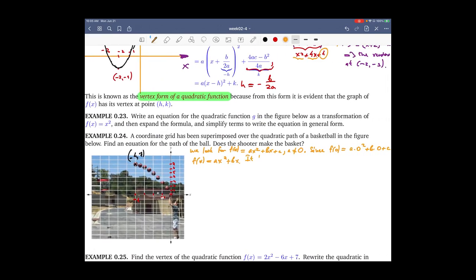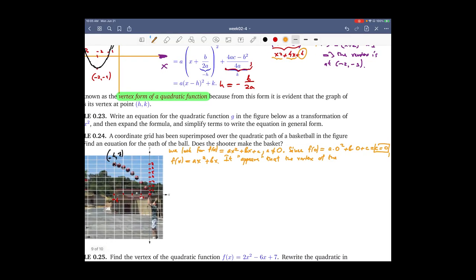So it appears that the vertex of the parabola is at the point (−4, 7).